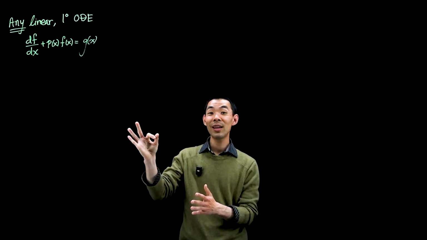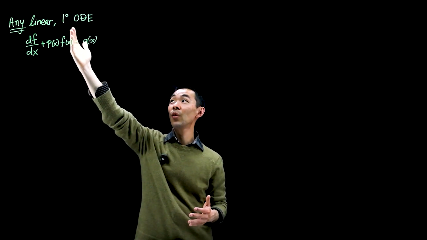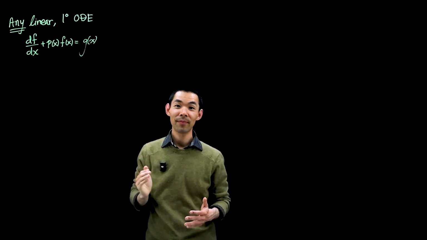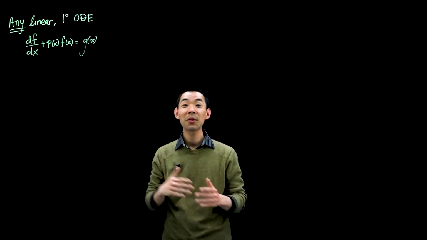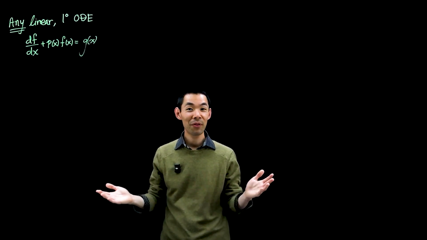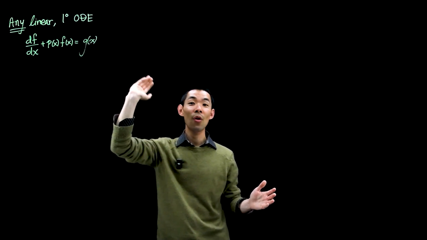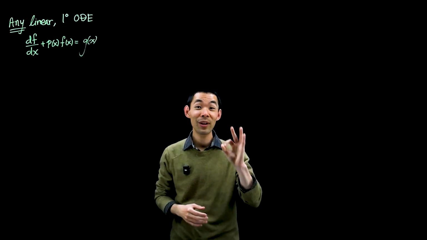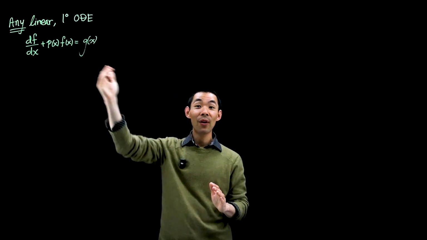Again, 3 out of the 4 classifications already came up. It's an ODE, first order, linear. Okay? Any means it could be homogeneous or non-homogeneous. It could be whatever it wants. So as long as it is a linear first-order ODE, the equation is going to have the following form.